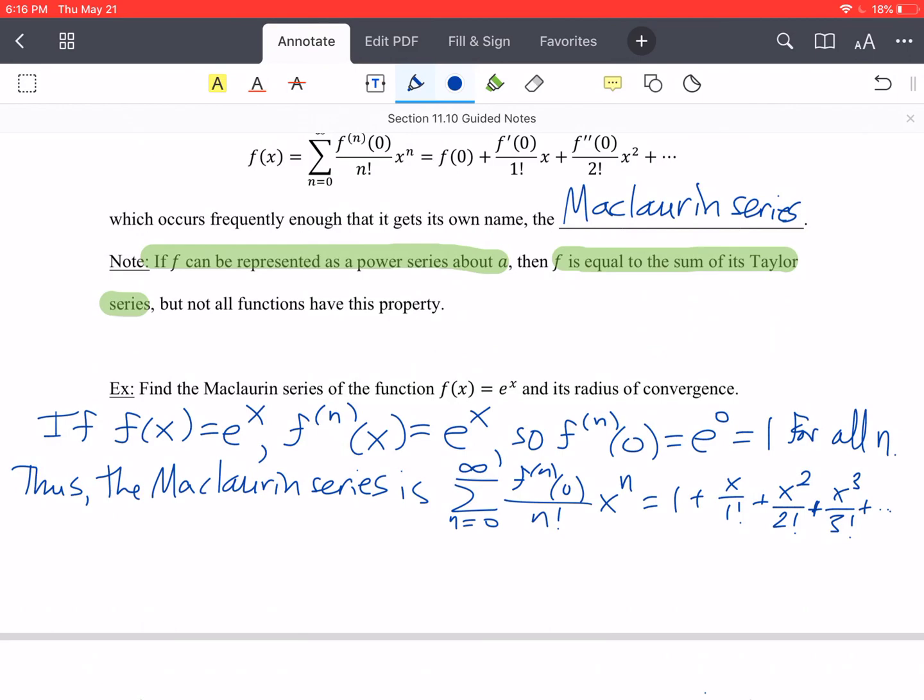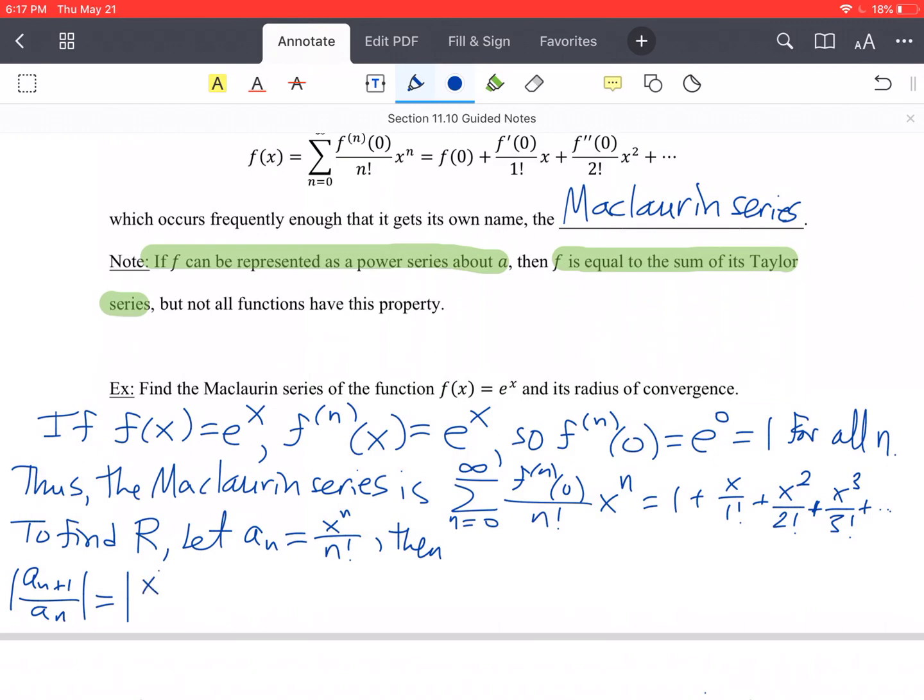So to find r, that radius of convergence, we are going to use the ratio test like we have in the past. Let a sub n be x to the n over n factorial. Then we're going to have the following. We have that ratio a sub n plus 1 over a sub n.